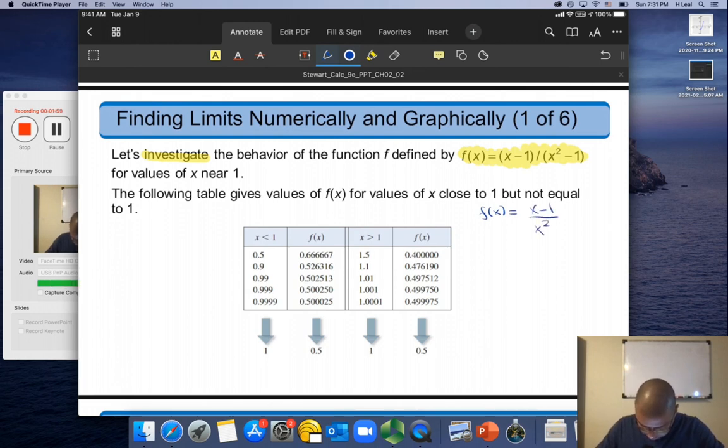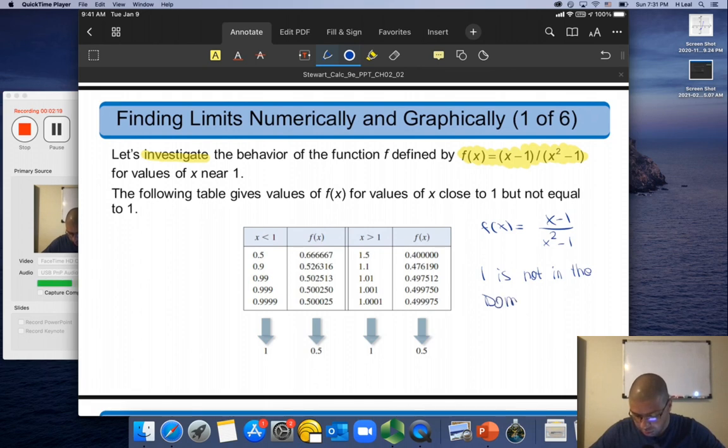Okay, and looking at this function, the first thing you notice, if you got your Math 141 nailed down, is that 1 is not in the domain of your function. So that means f of 1 does not exist.